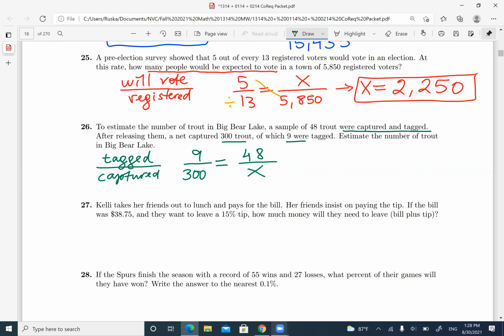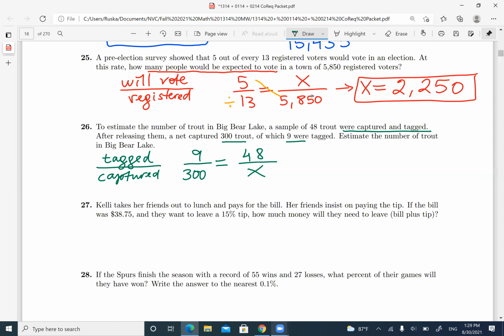So that's my proportion. 48 tagged out of the whole population of trout in that lake, and the ratio is the same if you capture 300 and 9 of them are tagged, okay?